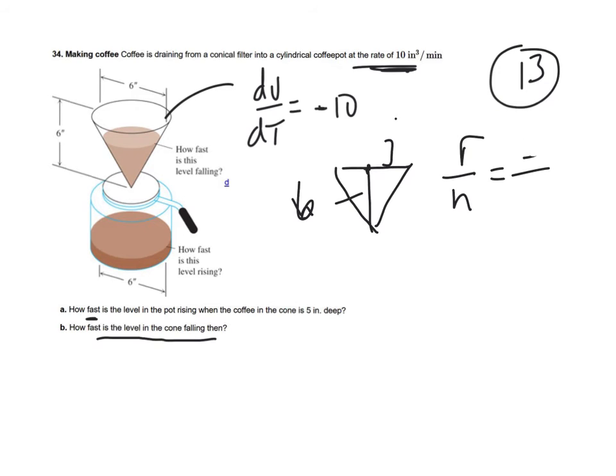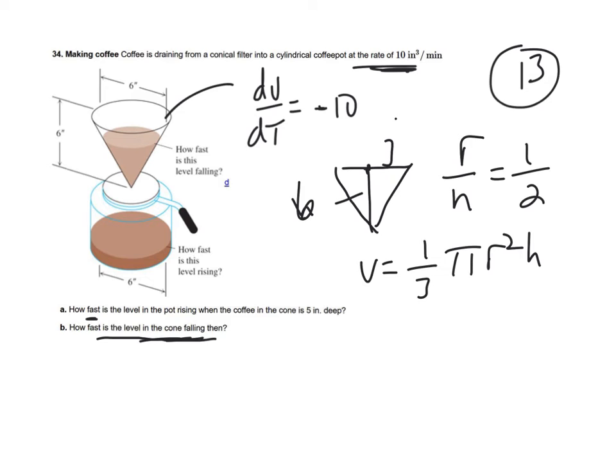Let me write that as 1/2. And then we want to know dh/dt for the cone, and I know the volume of a cone is 1/3 pi r squared h. So I don't want to be working with the radius in my equation. I just want to be working with heights.